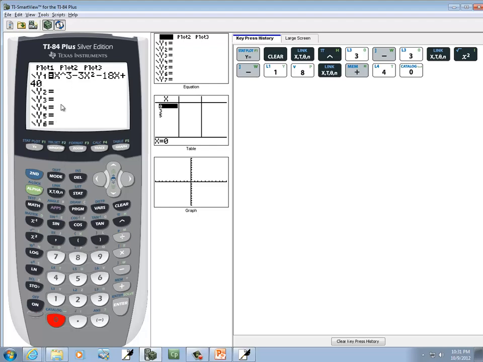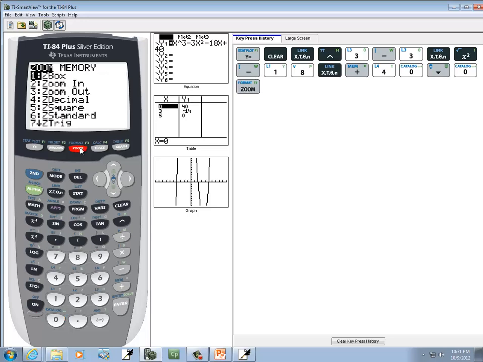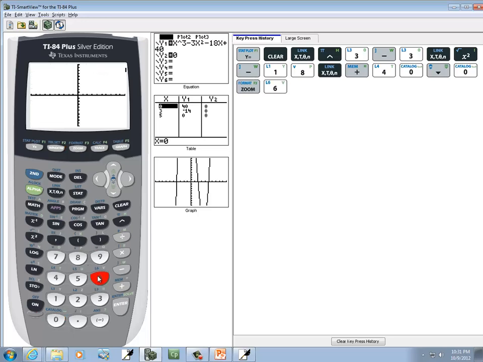Now you have to have 0 on y2. So I'm going to down arrow to y2, so my flashing cursor is there, and I'm going to put 0 there. This process does not work unless you put 0 on y2. Now to make sure you're not zoomed out or anything like that, press zoom and choose 6 for ZStandard. That'll set everybody back to the standard viewing window.